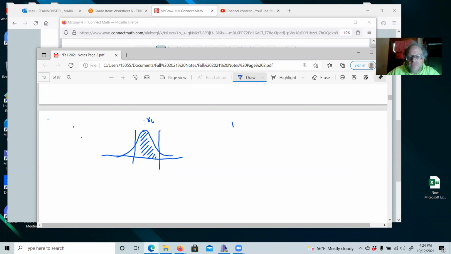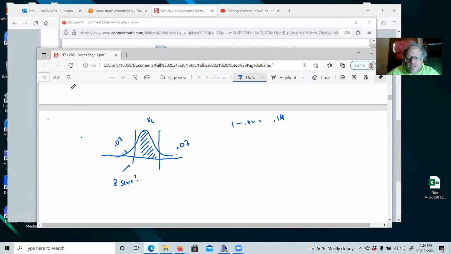Well, $1 minus 0.86, we should get 14 cents, yes? Now, we have 14 cents and we have two pockets to put it in. So we're going to put 7 cents here, and 7 cents here. So at this point, we need to figure out what this z-score is. Okay, that's what we want to find out.